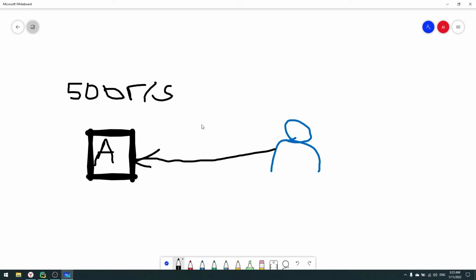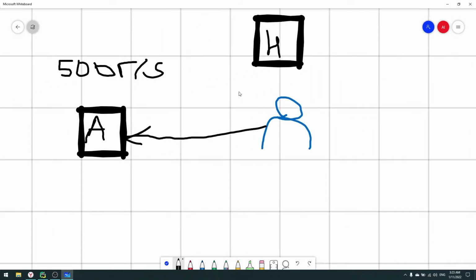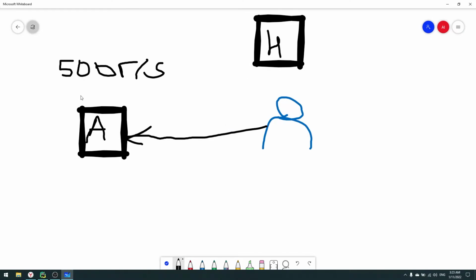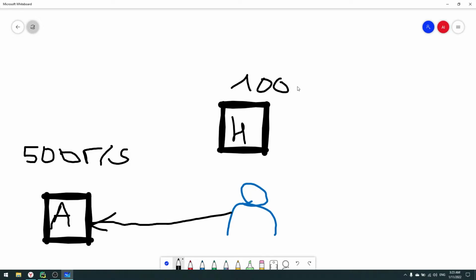What will happen if a hacker, let me call it H, another machine, sends not 500 requests per second, but 1000 requests per second? So basically, that is DDoS.